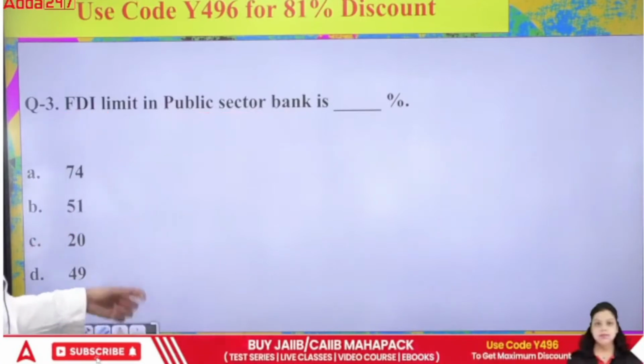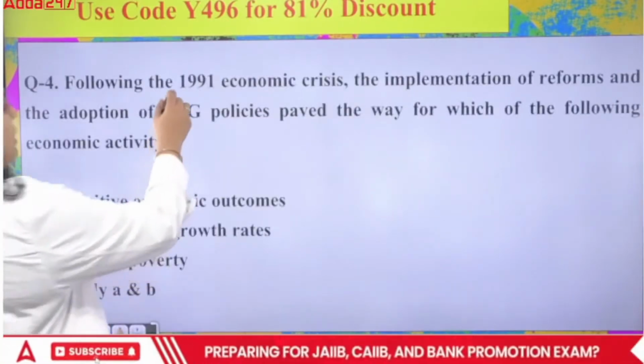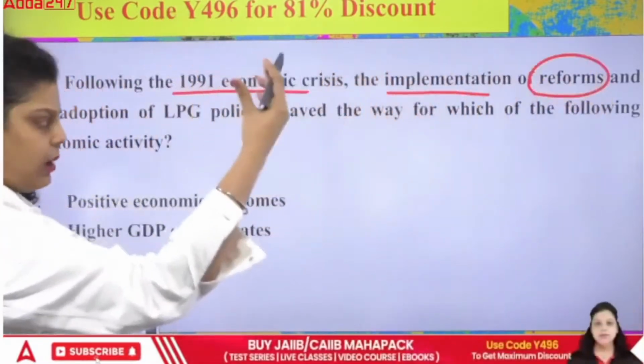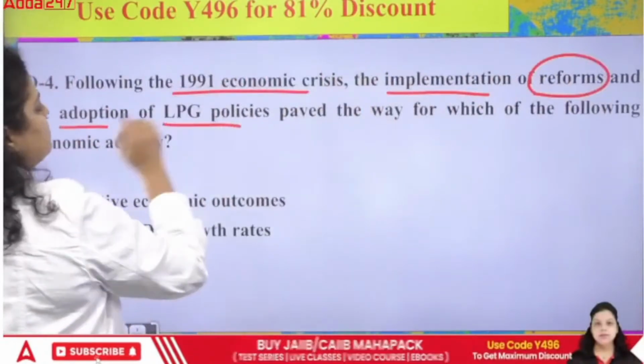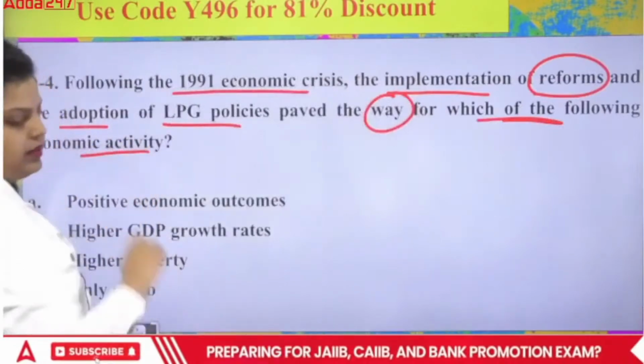Okay, next question. The fourth question is talking about the following: after the 1991 economic crisis, the implementation of reforms, that is LPG reform or economic reform, and the adoption of LPG policies paved the way for which of the following economic activity?